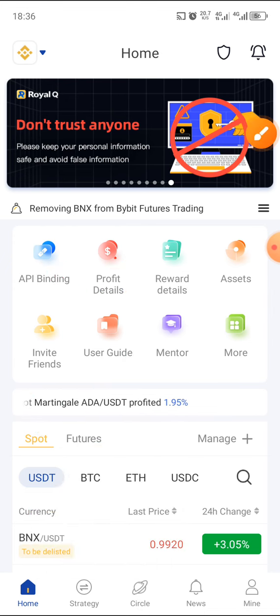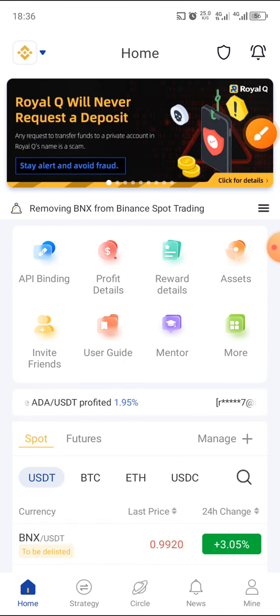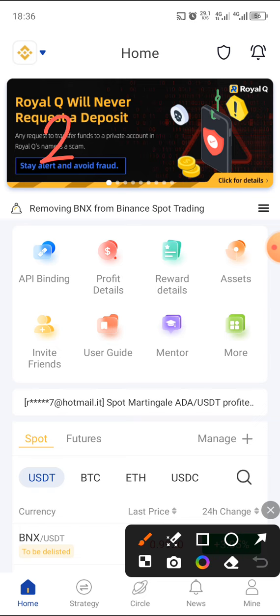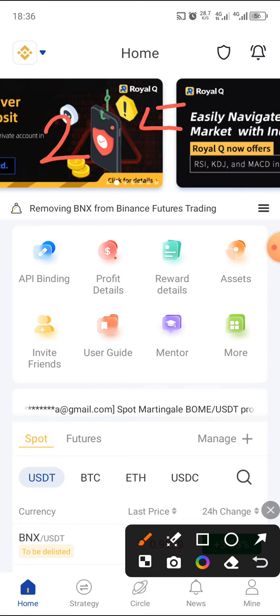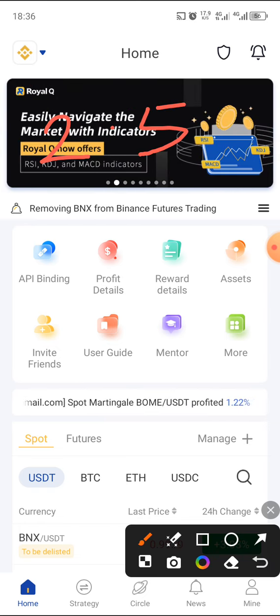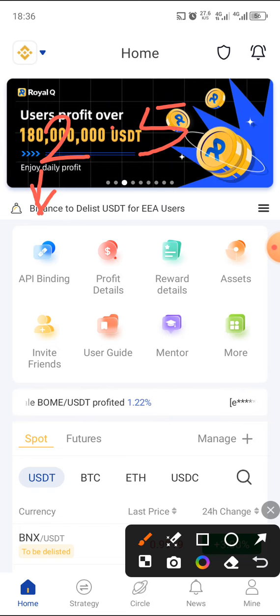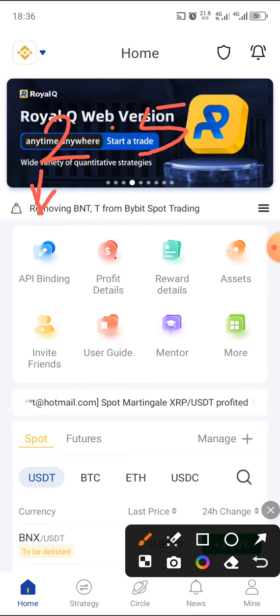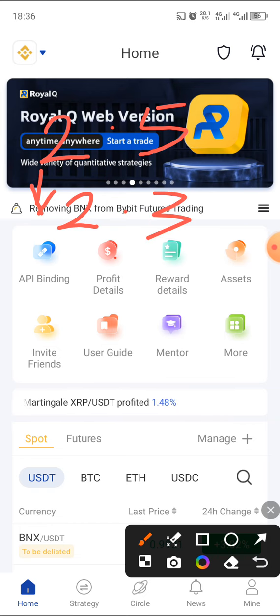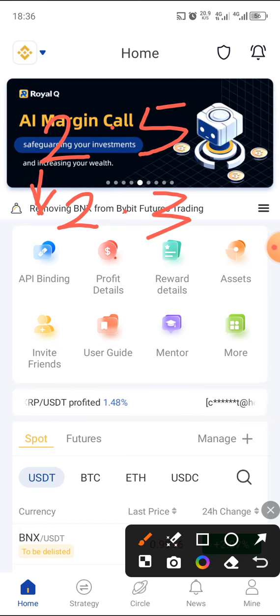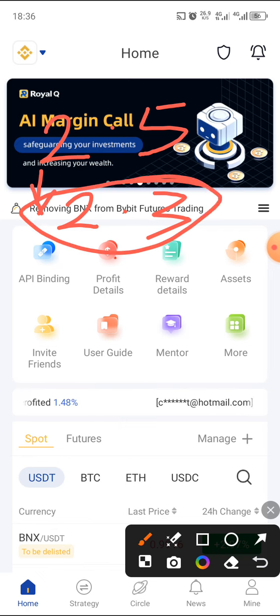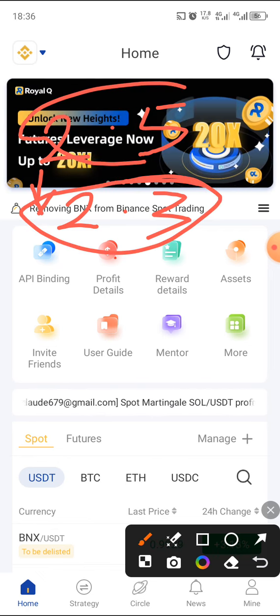Now, in certain cases, you will find that you buy a coin at 2.5, but it starts to come down in what we call the floating loss. And you'll be seeing something like 2.3. This is your current price, but 2.5 was your average price.